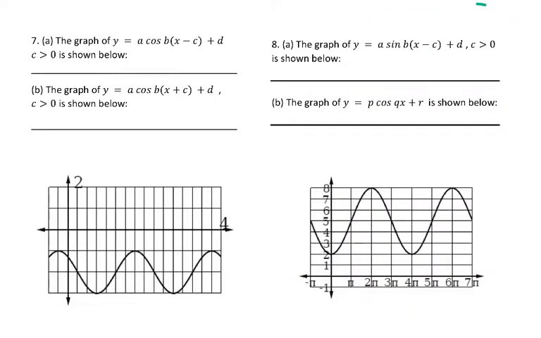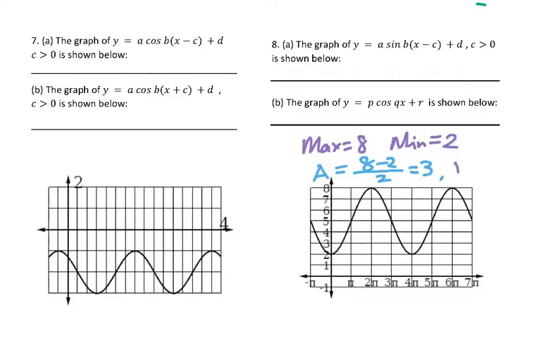Now let's go to number 8. First of all, you need to figure out the maximum. That's 8. Minimum, that's 2. So for amplitude, you got 8 minus 2 over 2 equals 3.